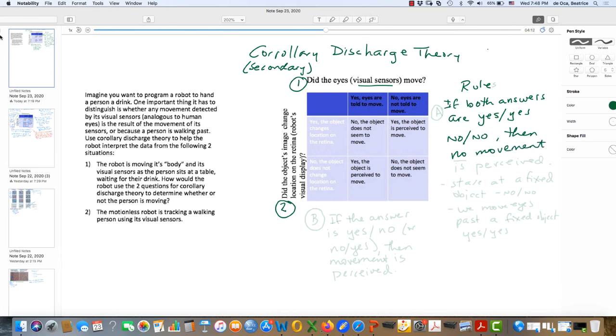You'll perceive a still object. A simple example of that would be, I'm staring at the pen, my eyes are not moving, the pen is not moving. Two no's, a still object.